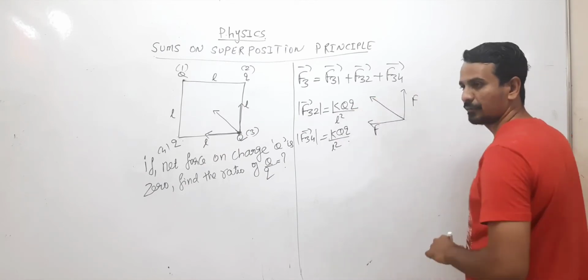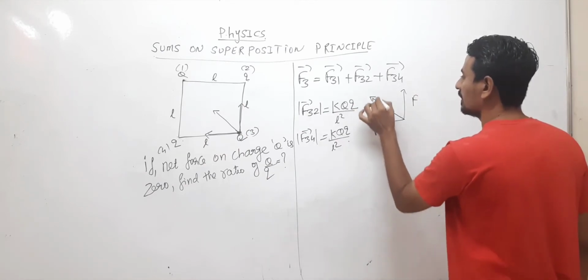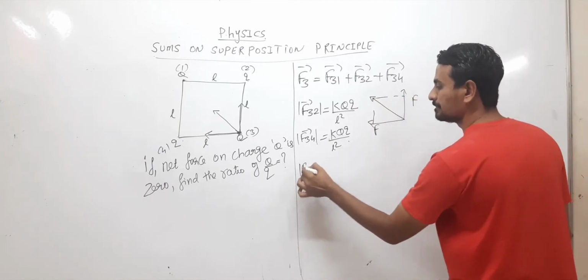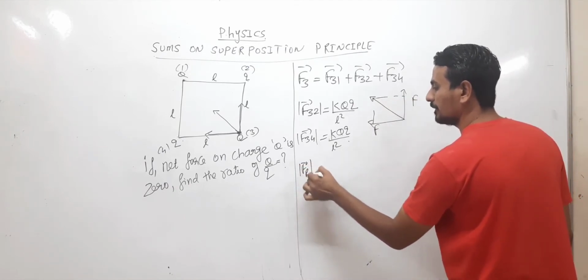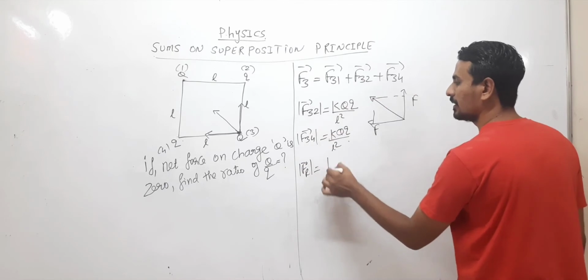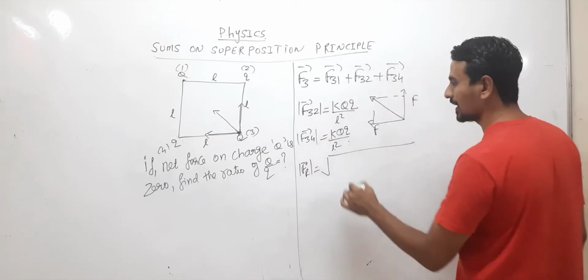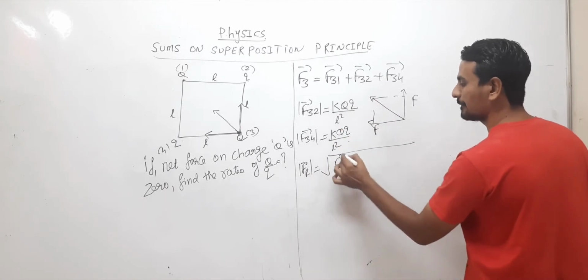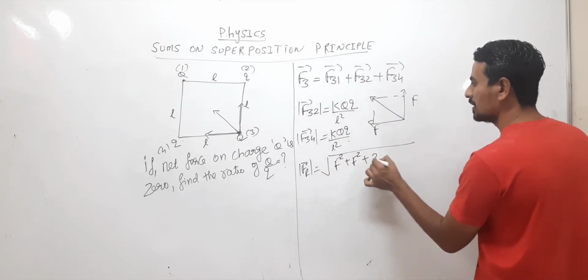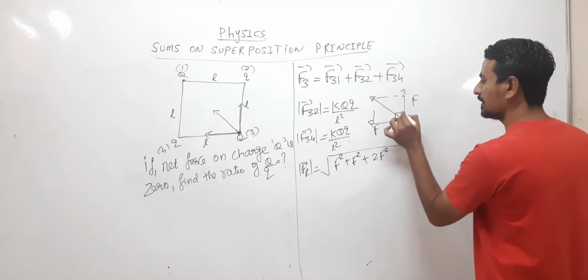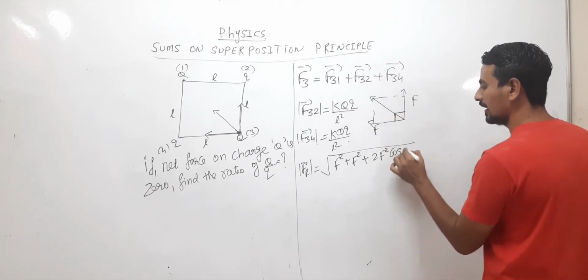This will be the resultant force, right? So the resultant force because of this and this will be under root of, again we'll use the same formula. Magnitude wise they are equal, so I can write it as F, so it will be F square plus F square plus 2F square cos of the angle. What is the angle between these two forces? 90, cos 90.